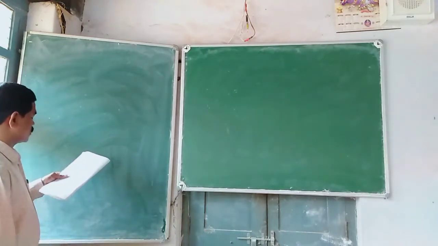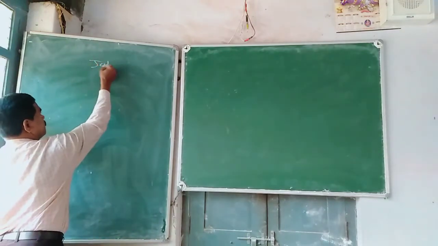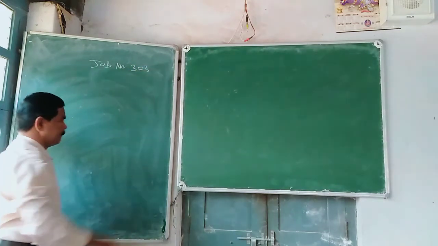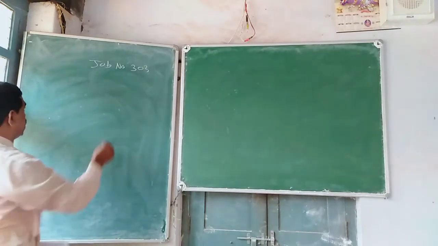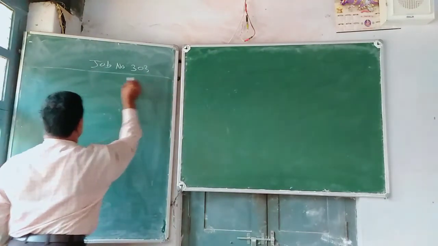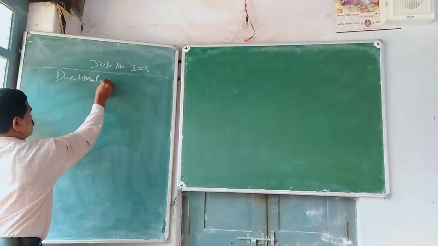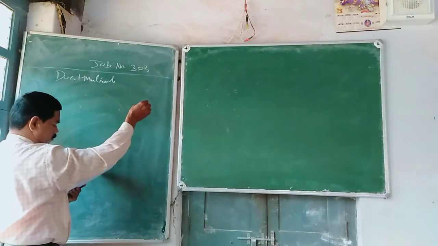Title is job cost sheet, job number 303. So particulars, amount. Direct materials, 4010.